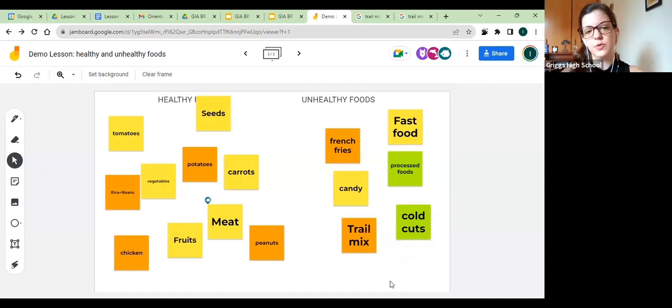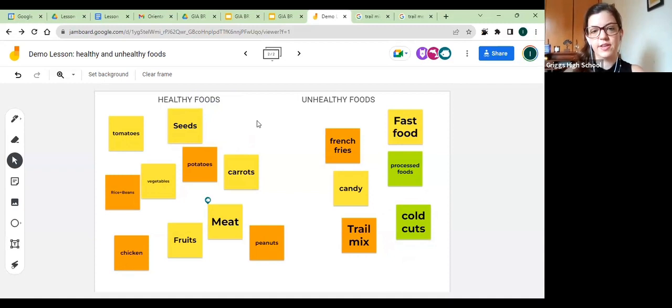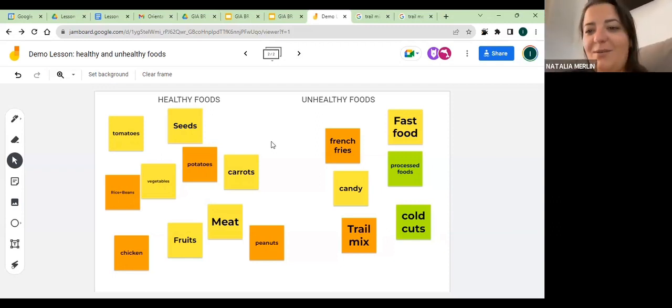Now, if you look at these words and how they are divided, and you think about your eating habits, do you think you're more towards healthy foods or unhealthy foods? I eat everything, so I would say both all the time.